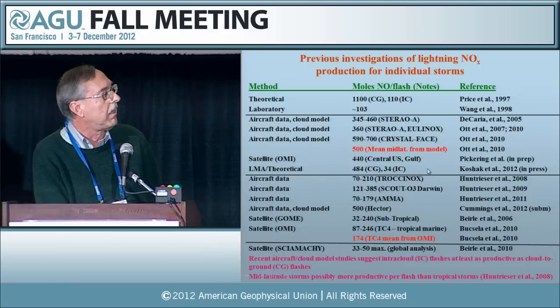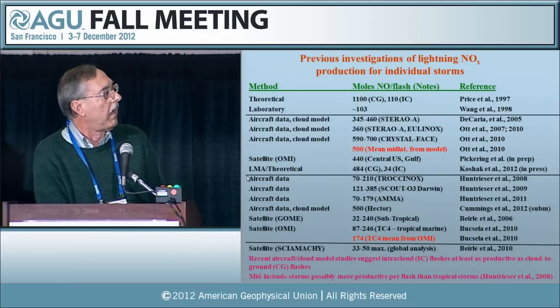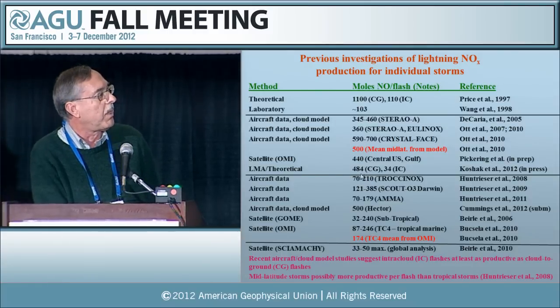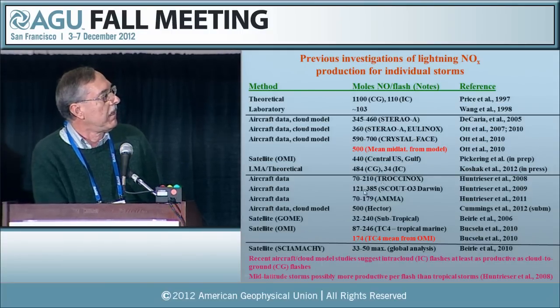Then, however, Bill Koshak is combining LMA data with theoretical estimates and is getting over 400 moles per flash for cloud to ground, but much less for ICs.